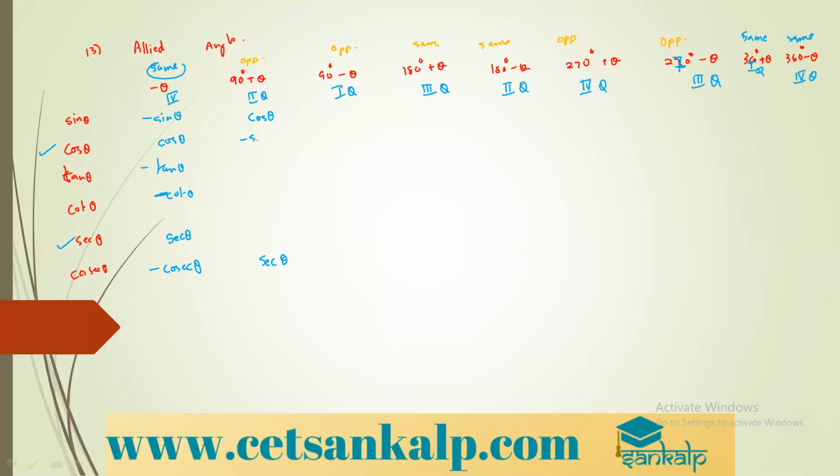Opposite of cos is negative sine theta, opposite of tan is negative cot theta, opposite of cot is negative tan theta, and opposite of secant is negative cosecant theta. Then in the first quadrant, all are positive and opposites: cos theta, sine theta, cot theta, tan theta, cosecant theta, secant theta.